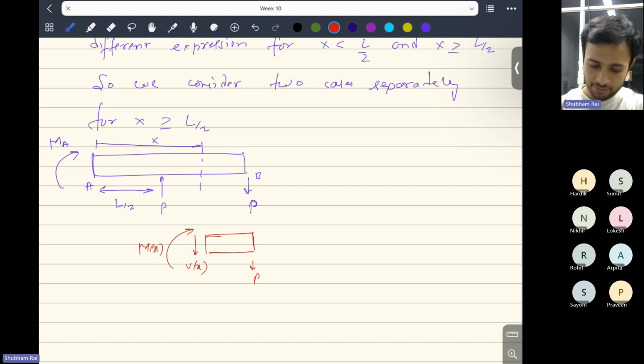Let's say mx on this cross section. Okay, and if we balance the force in y direction, we will get Vx is equal to minus of P, because Vx and P are in opposite directions.